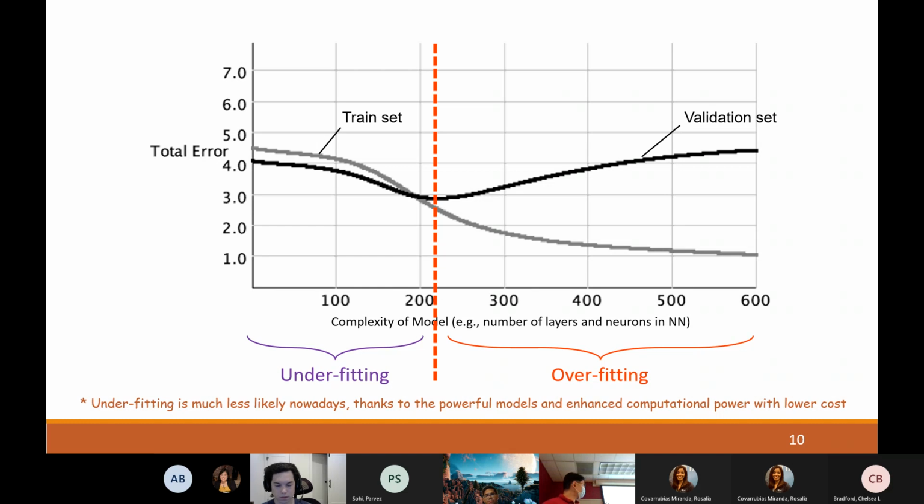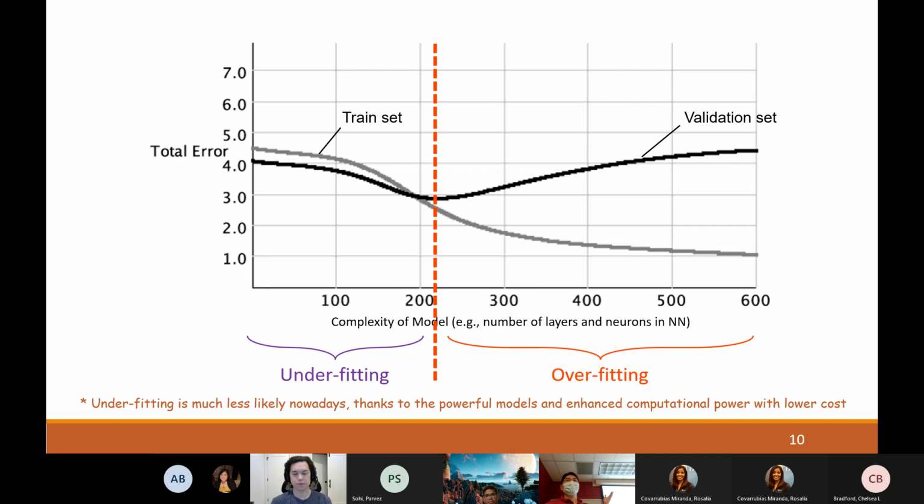And assume each of these models is fully trained using the same training set, to the extent that the model converges and finishes training. Then you calculate the performance level. In this example, it is the error rate, which is the number of mistakes that the model makes. So the higher, the worse, right?